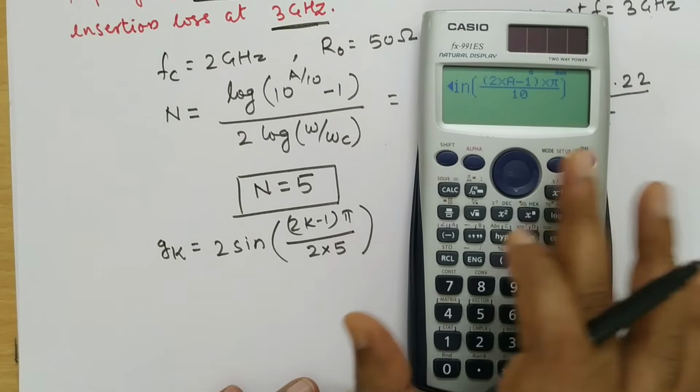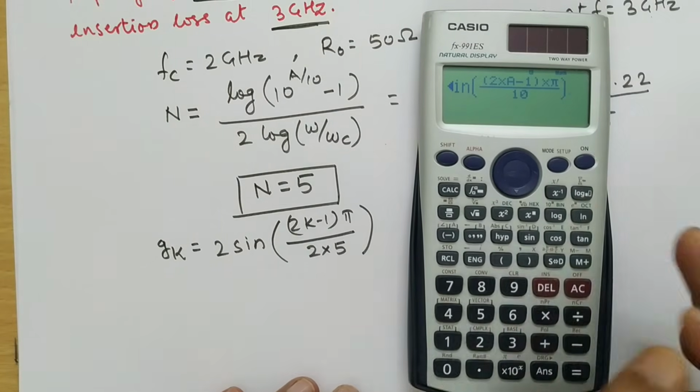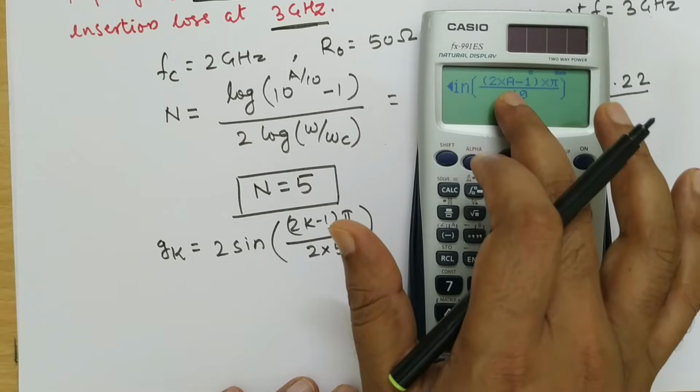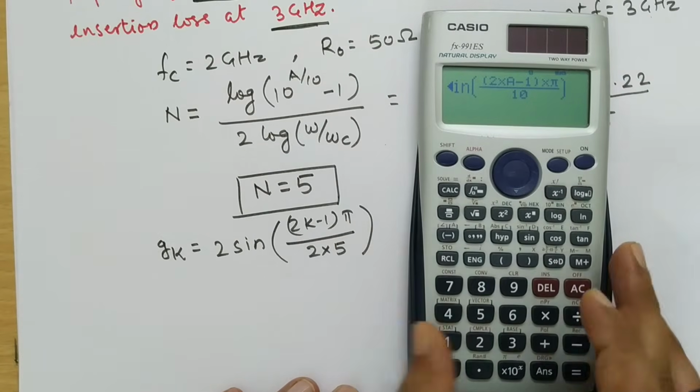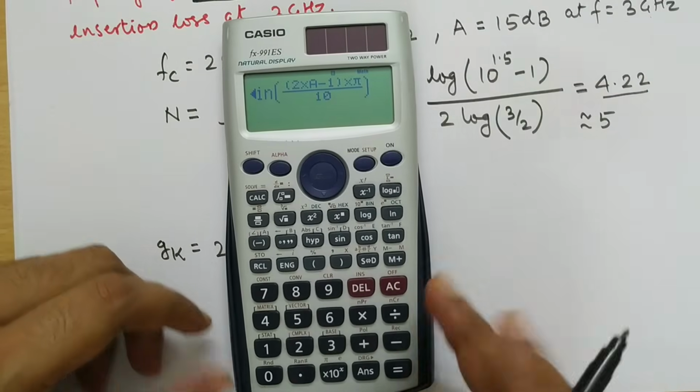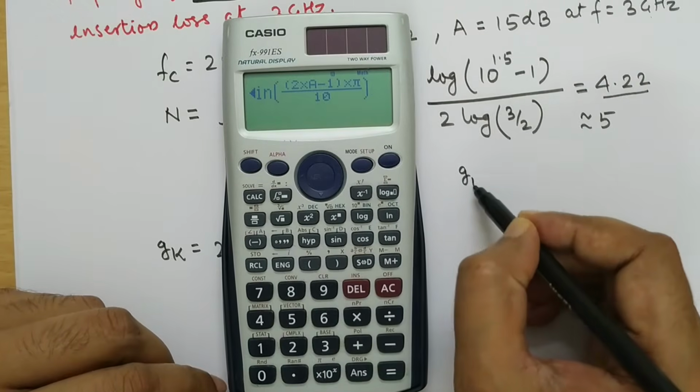Now the formula is ready. We have to give different values of k, that is a, here in the calculator, and we will calculate the values of G1, G2, G3 and so on.